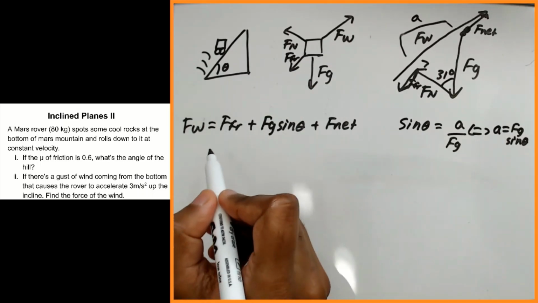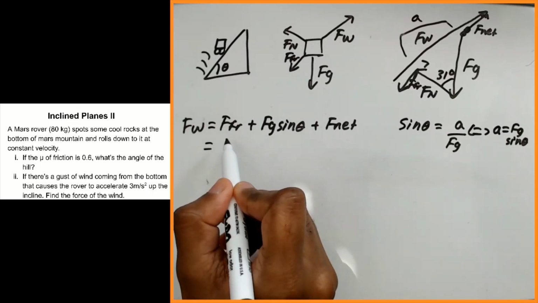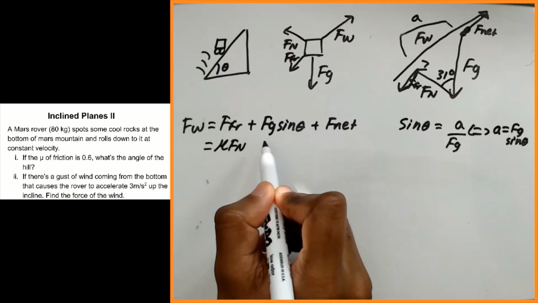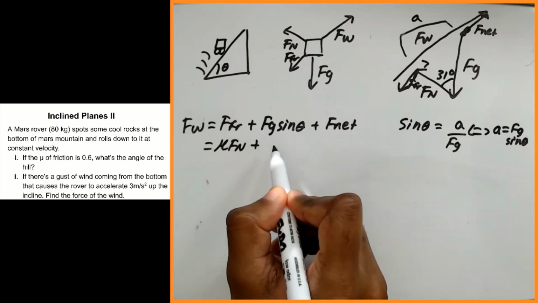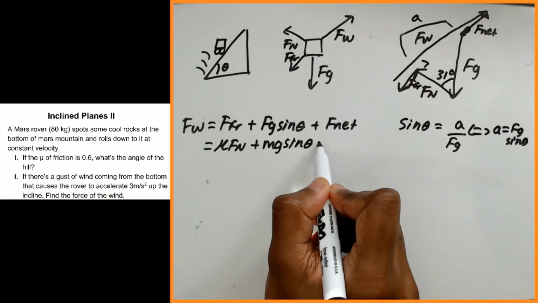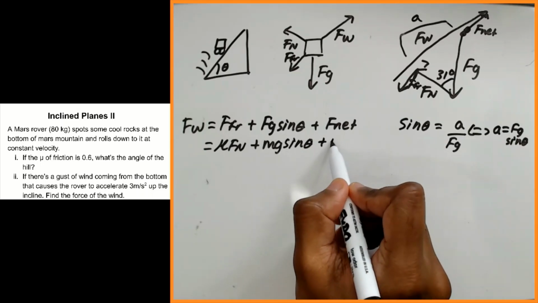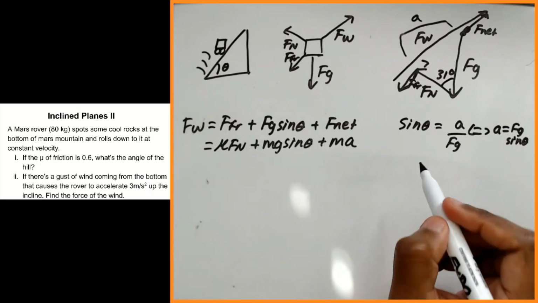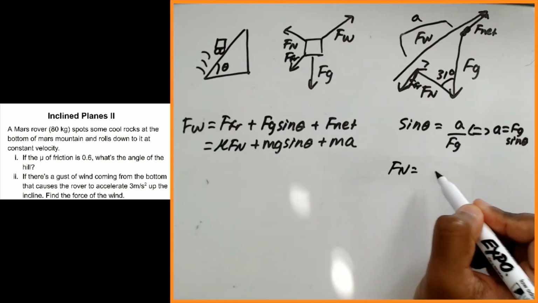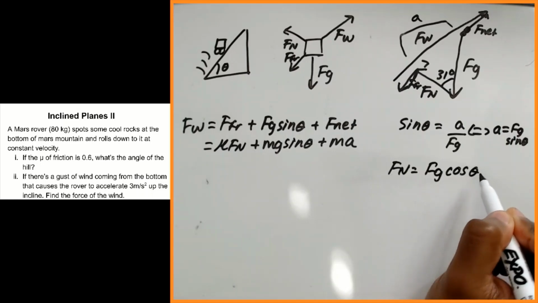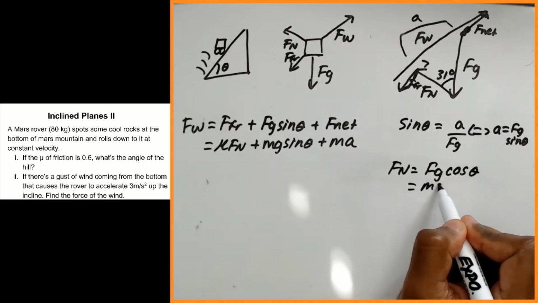So let's go ahead and start solving this. So remember that F of friction is equal to mu times Fn, plus Fg. So Fg is just equal to mg sine theta. And Fnet is equal to m times a. And remember from before that Fn is just equal to Fg cos theta, and Fg is just mg.